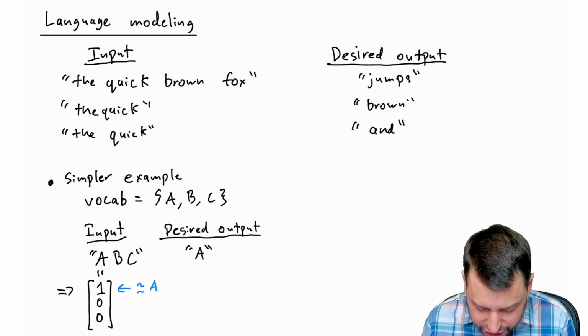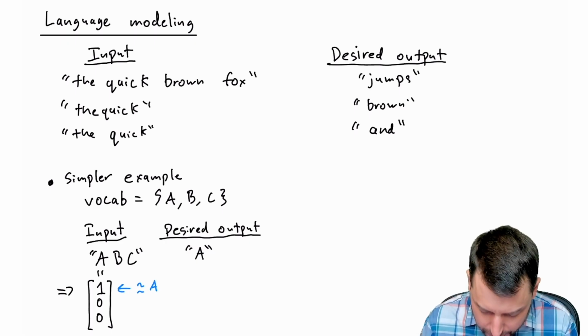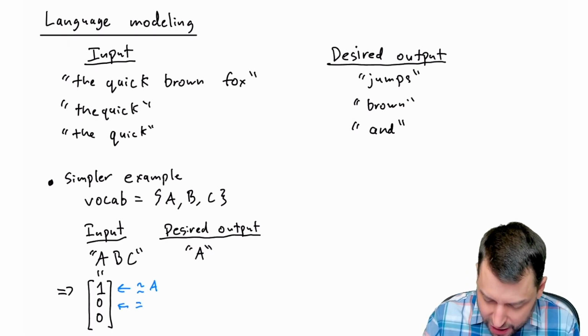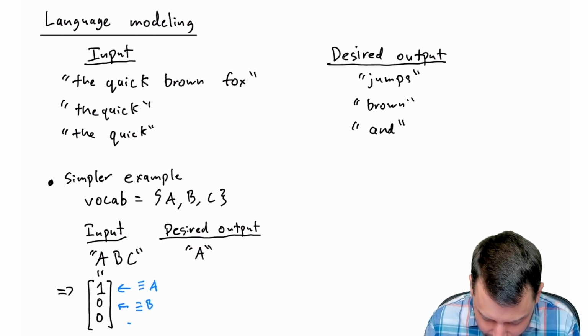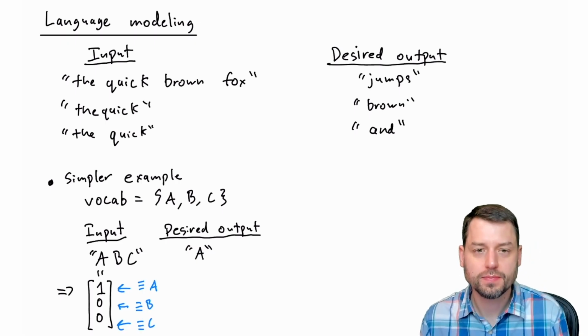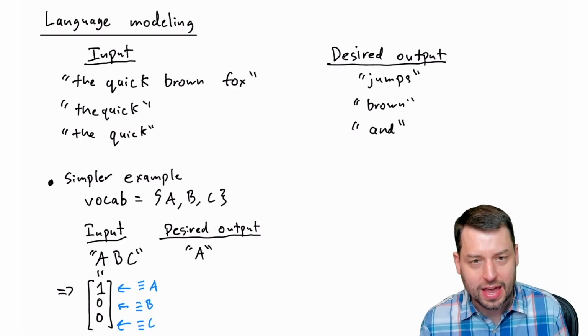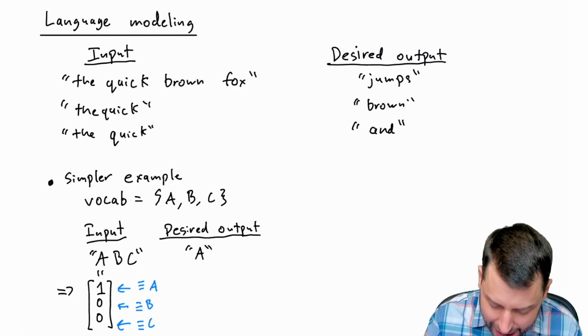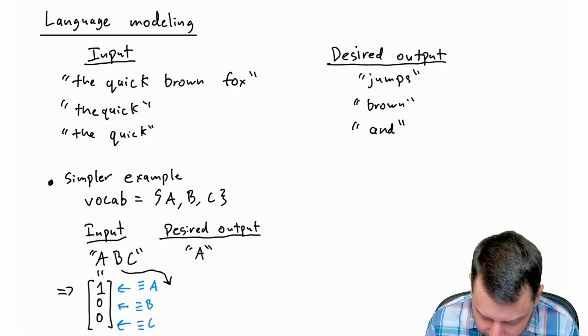If the second position was highlighted, that would mean this word was equivalent to B. This is equivalent to the word B, and this one here would be equivalent to the word C. All right, so that's how we represent that first letter A. Now, of course, the same thing happens for the other letters in the sentence.